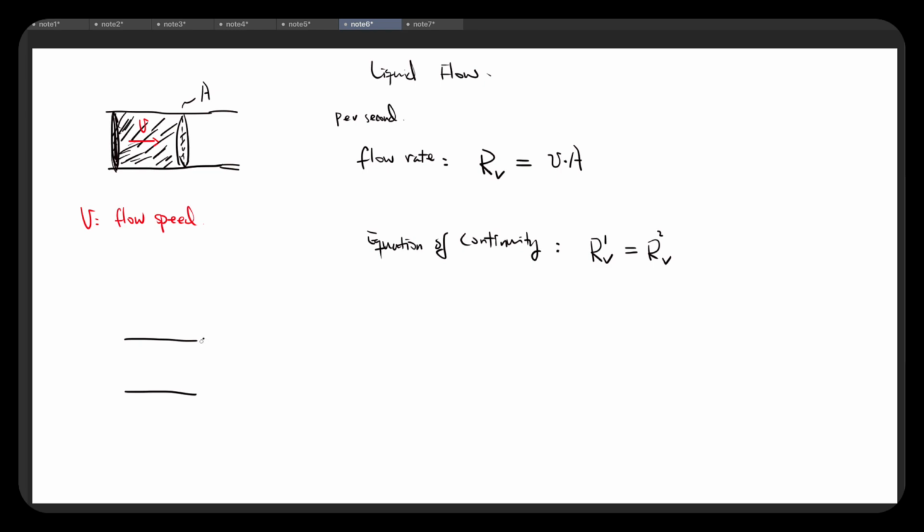It goes from this area A1 to some smaller area, so the tube becomes narrower, and then we have this new area A2. The flow speed is v1 at the first position and v2 at the second position. According to the equation of continuity, v1 times A1 equals v2 times A2. The reason behind this equation is the incompressible liquid.